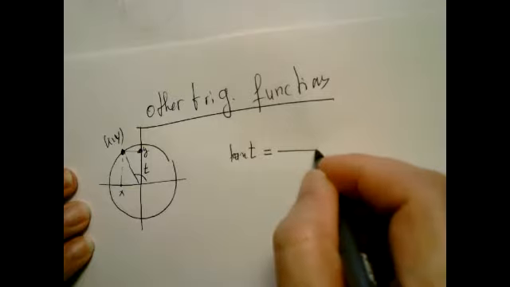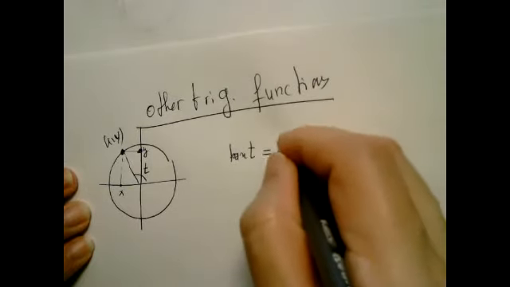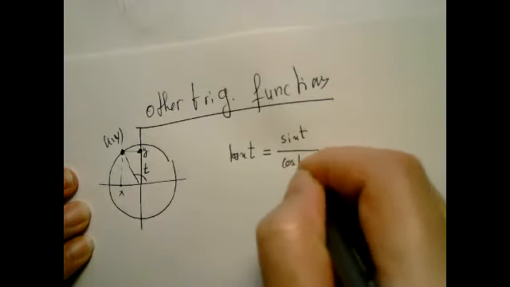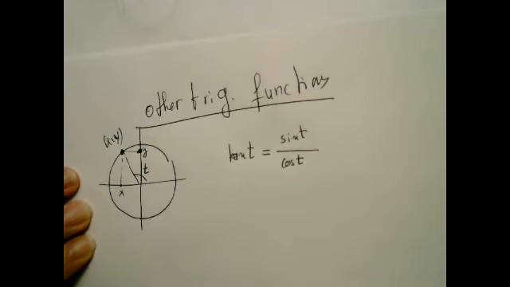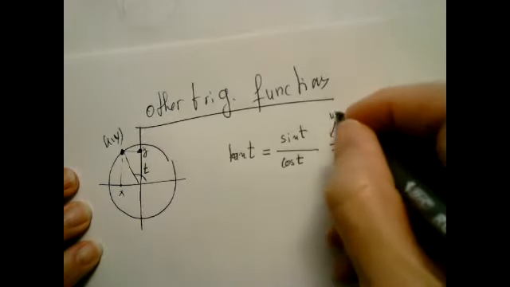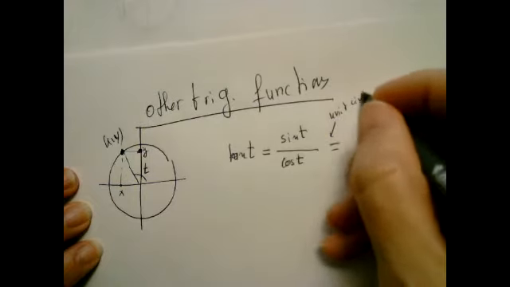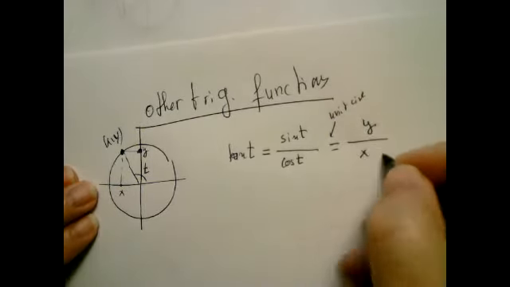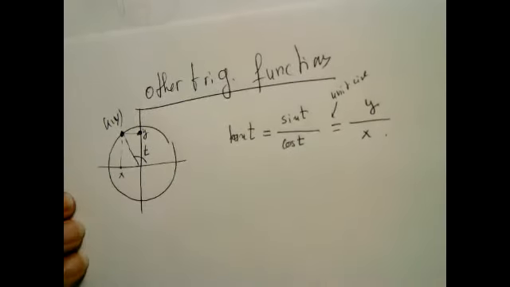The tangent is always, and that's the one we will use the most, the sine over the cosine. We're going to be using that all the time, sine over cosine. And in terms of the unit circle, it's the sine, which is the y, over the cosine, which is x. So this is my tangent.